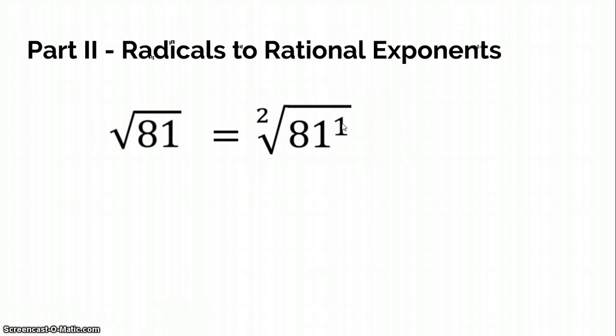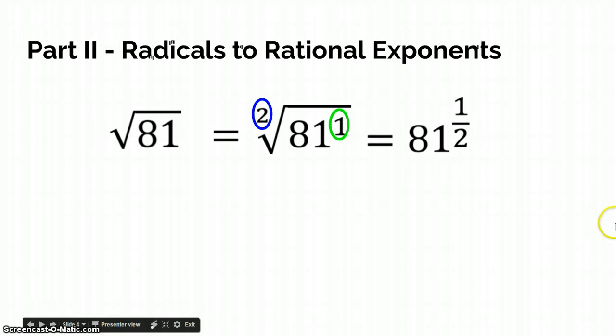Because if you remember, those two numbers are going to become the fraction that makes up our exponent in the next form. So we're just working backwards from what we did before, and we will take that second root of 81 to the first power and take those two numbers, which are so important, and they become the numerator and denominator of the exponent of our new number.